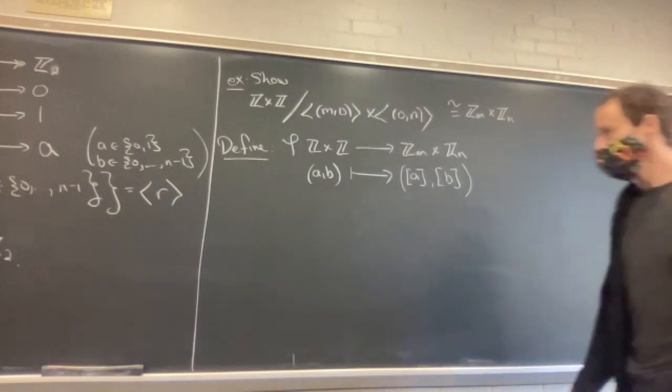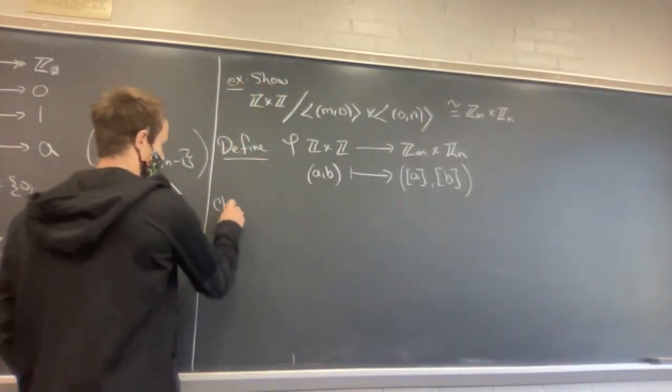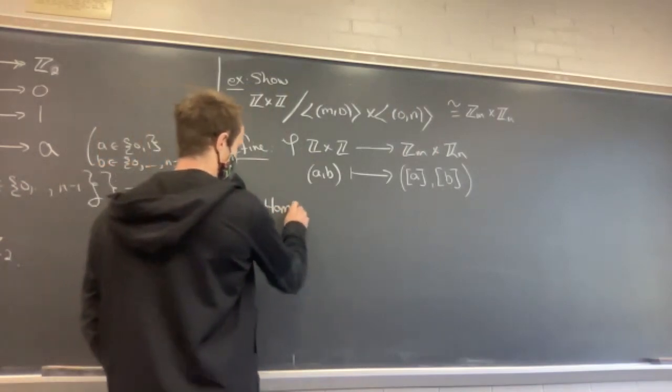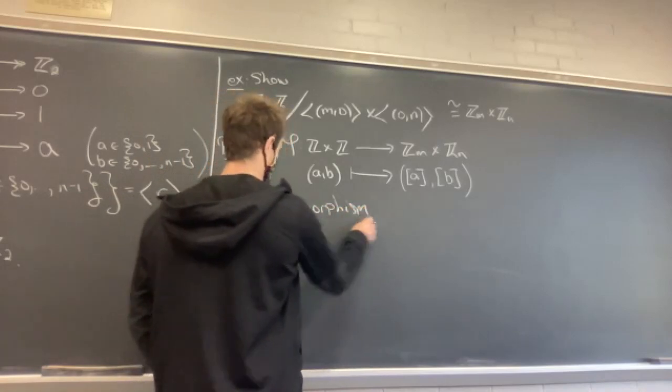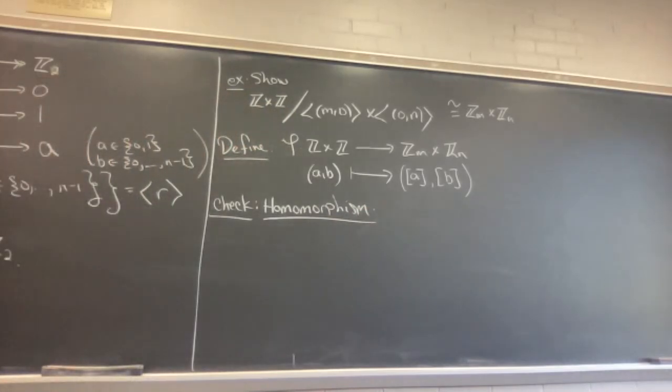Okay. Now let's check that it's a homomorphism. So that means we need to look at the operation on the left-hand side, act on that by phi, and see that the operation is preserved on the right-hand side. So let's do that.